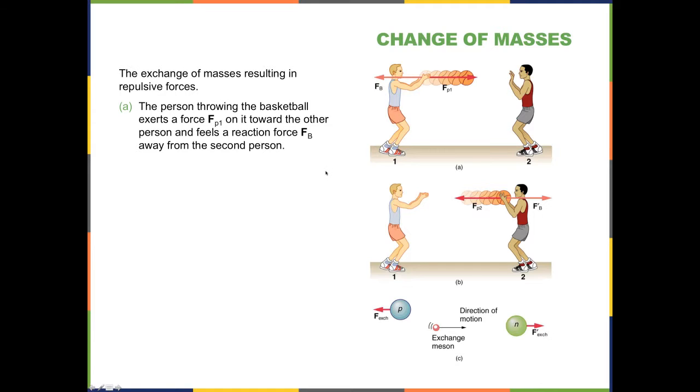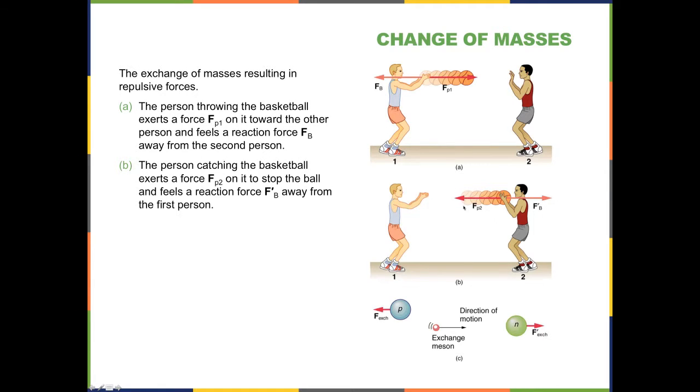In the first situation, or first diagram here, you have the person exerting F1 and propelling the ball in this direction with this force, and he is equally and oppositely pushed on by the force as well.